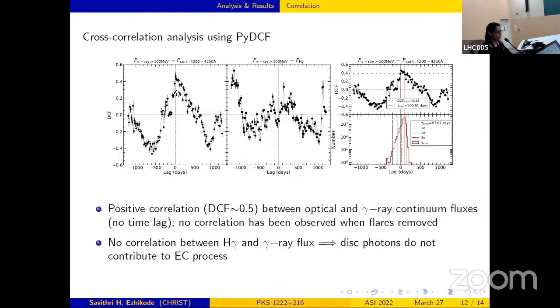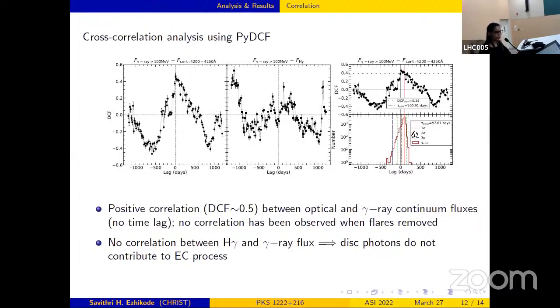So we tried to estimate the time lag of this correlation using the bootstrap method. And here is the result for the distribution of time lags obtained with the bootstrap simulation. Here we find that the time lag is consistent with 0. That is, the emissions are positively correlated with no time lag, which means that the emissions could be arising from the same regions.